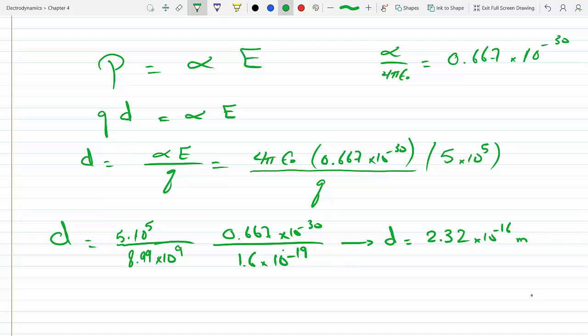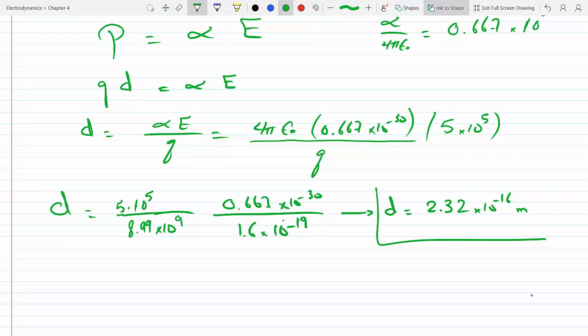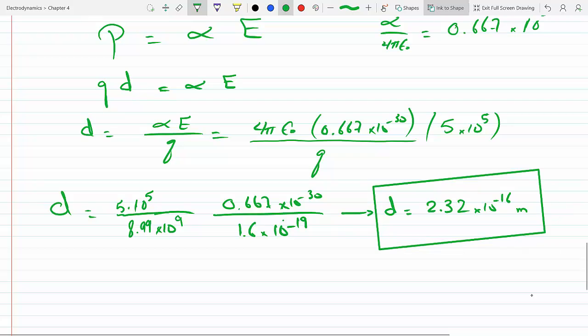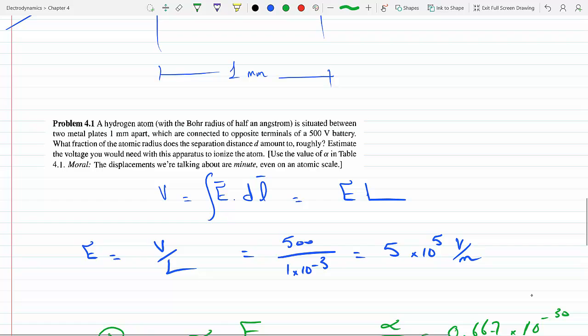So you could see, as the book says in the moral, the displacements are very minute, even on the atomic scale. We can demonstrate that by comparing it roughly to the atomic radius.